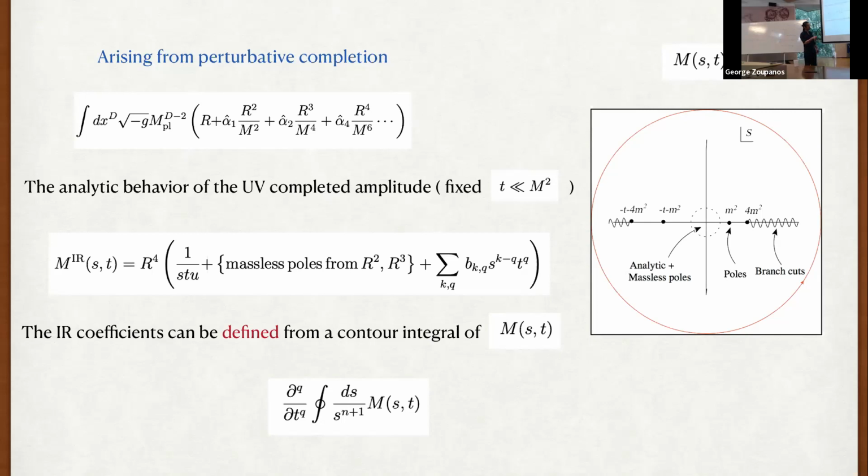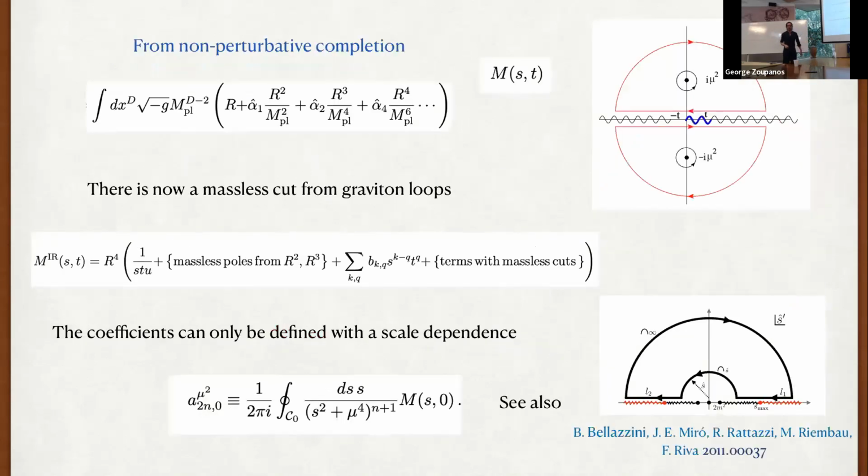So the analytic structure in the complex S plane takes this form. If you're going to non-perturbative completion, now you don't have that luxury because we cannot assume that graviton loops are suppressed, because any finite graviton coupling allows them, and therefore the relevant IR amplitude will take this form, where now you must have terms that are associated with massless cuts.